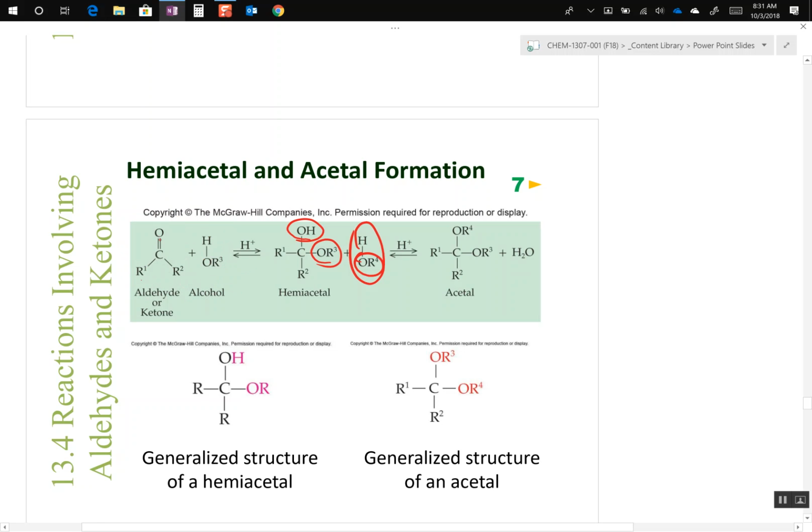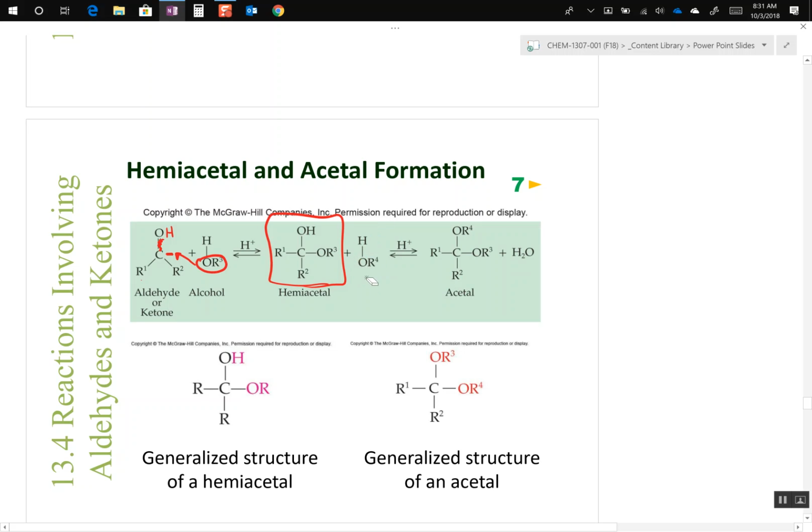So, okay, let's go over this again. So what's going to happen is this double bond is going to break. Okay, you're going to add a hydrogen there, but when a double bond breaks, you can always add two things, right? The first thing is you're going to add a hydrogen on the oxygen, but then here you're going to add the OR group from the alcohol. Okay, it's going to go here, and you're going to form the hemiacetal. You have 3 R groups there attached to that hemiacetal.